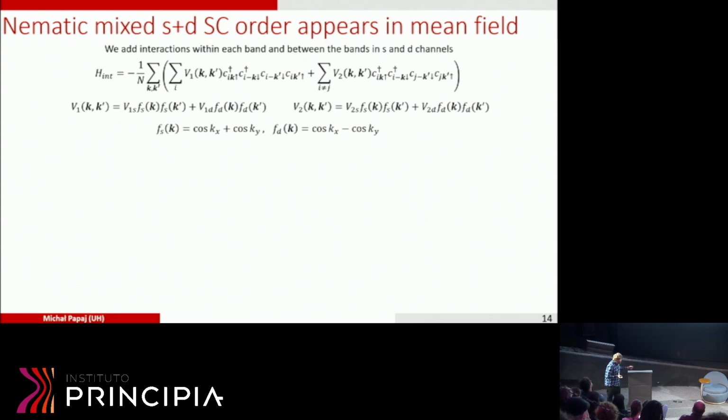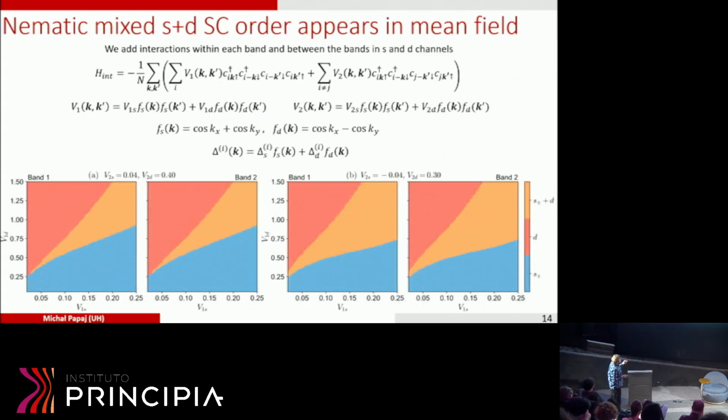And if we do in this case our self-consistent mean field calculation, we can get a phase diagram, and we can have those S and D order parameters. And depending on the interaction strength, so in general we have four parameters that describe interaction: intraband, interband, and S and D channels.